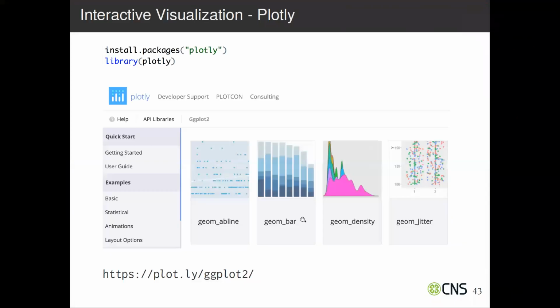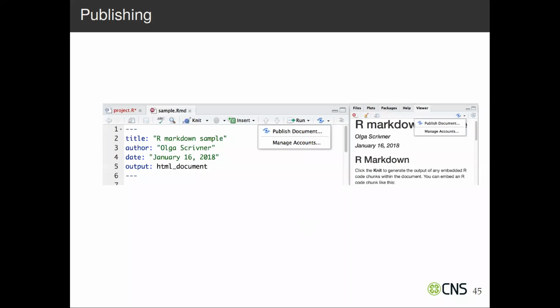Okay. Now let's move to sharing, publishing, and communicating. So if you are right now in our Markdown, you may notice next to the run option, you have this blue thing with a dot in it. If you click on that, it says publish document.